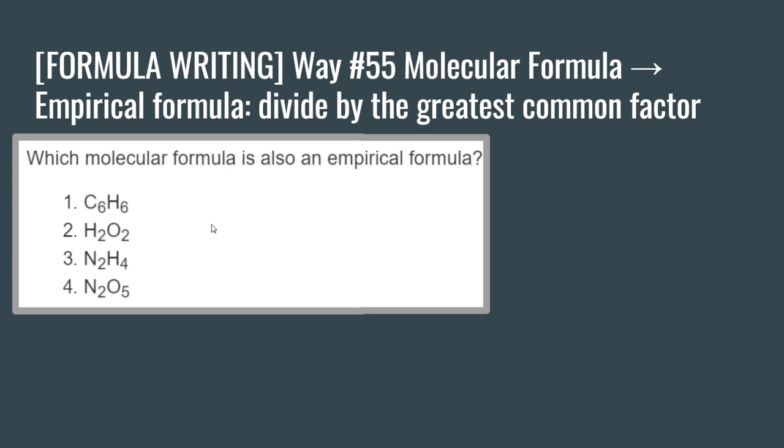Which molecular formula is also an empirical formula? Now, sometimes there are molecular formulas that can no longer be reduced by themselves. And if the molecular and empirical formula are the same, then that means that the molecular formula is irreducible.